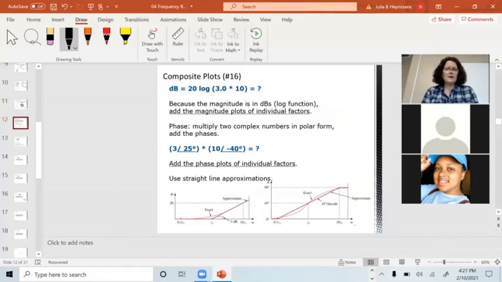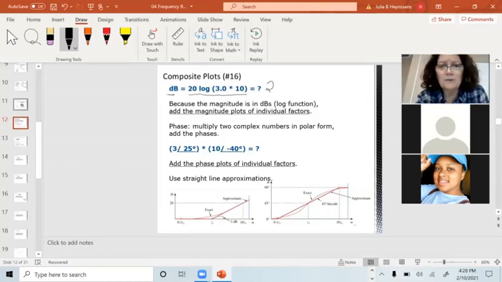But when you get these more complex functions, okay, remember, all these things I'm plotting are a magnitude in dB. And dB equals 20 times the log of something. And 20 times the log of two things multiplied together, this is the magic of slide rules, is the same thing as 20 times the log of one plus 20 times the log of the other.